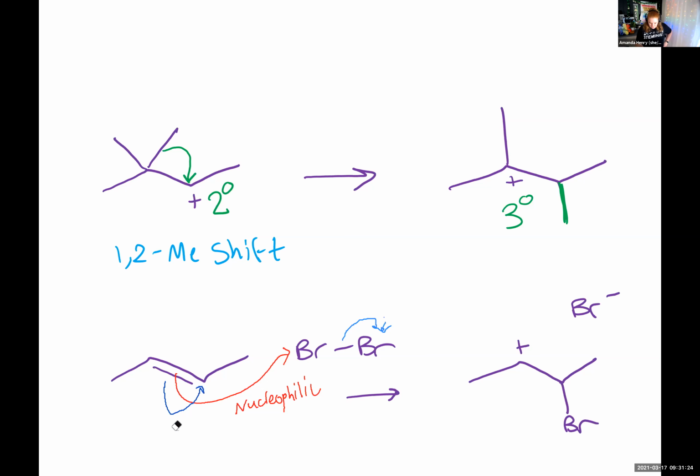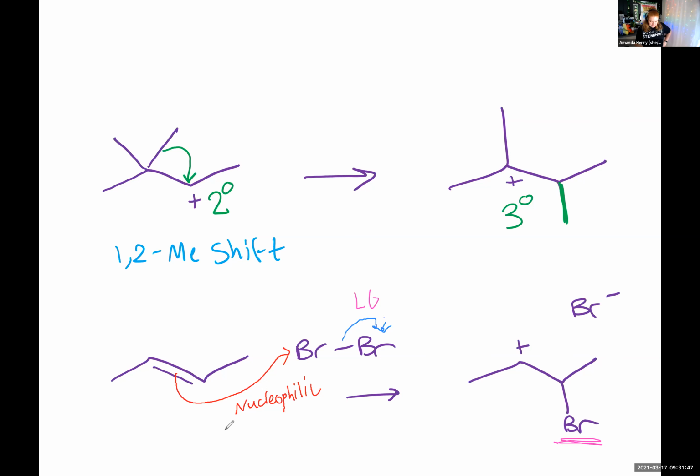I'm going to erase this guy down here. And then the second arrow technically is the loss of a leaving group, because that second bromine is breaking that bond and taking the electrons with it. And so what we end up with is that first bromine is bonded to the carbon.